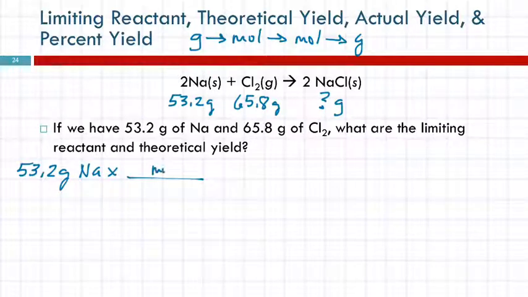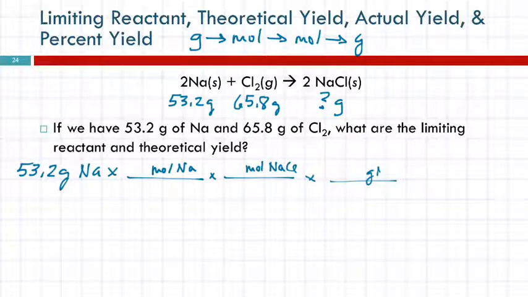Grams to moles to grams. If you need to write the path, grams of sodium to moles of sodium to moles of sodium chloride to grams of sodium chloride, by all means, write it. I don't have a lot of room on this slide, so I'm going to kind of just abbreviate it. I've got it up there.